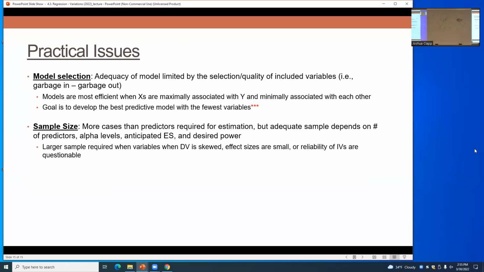If we start thinking about situations that often happen in our field, where we've got outcomes that are non-normal, small effect sizes, or problems with the reliability of our independent variables, remember that one of the basic assumptions of regression is that we're measuring our predictors without error.